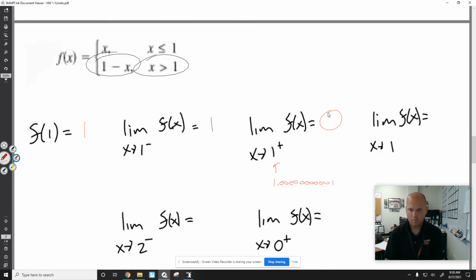So I'm plugging in something infinitely close to 1. I'm going to get something infinitely close to 0. We are approaching 0. Now, because the left-hand limit and the right-hand limit do not agree with each other, that's all I look at, I know this does not exist.